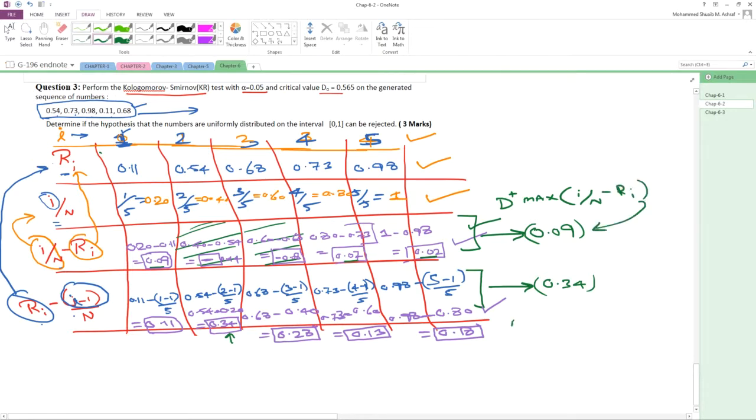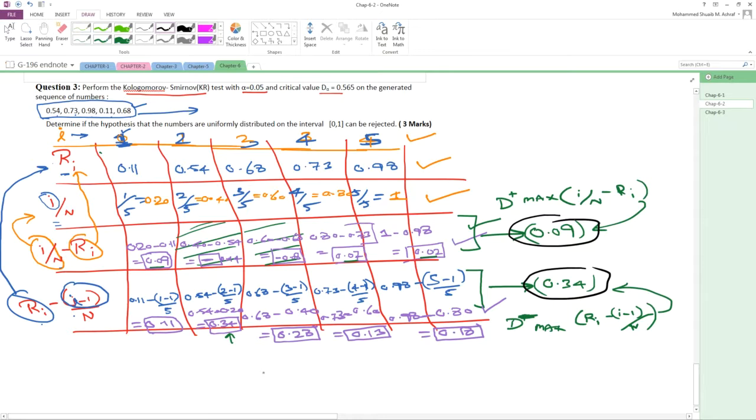The answer. D minus, max of Ri minus (I minus 1) divided by n. The answer. Okay.